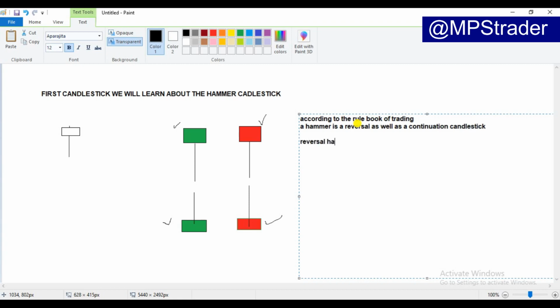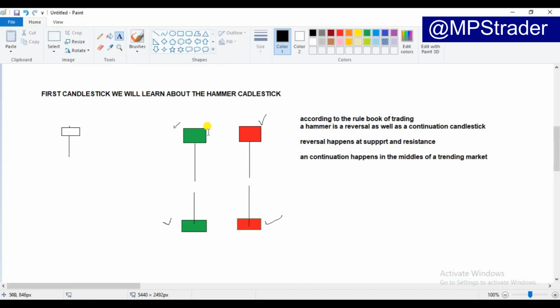Reversal happens at support and resistance, and continuation happens in the middle of a trending market, right? So this is it.